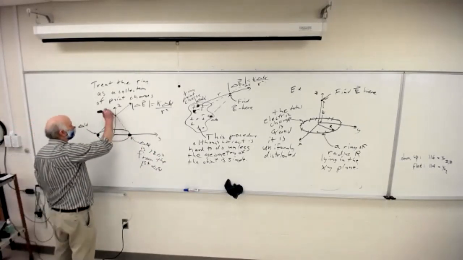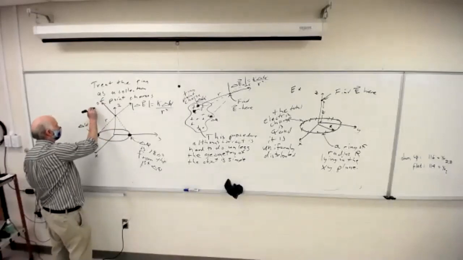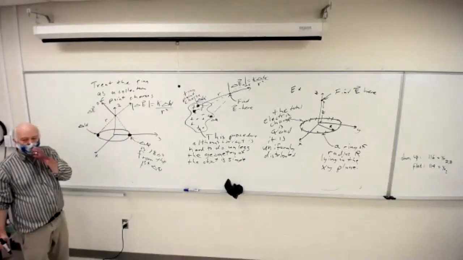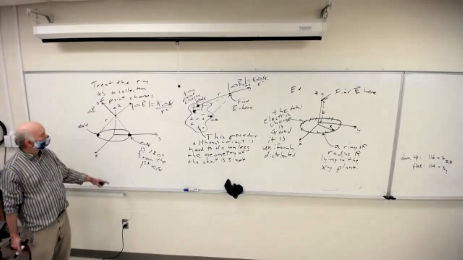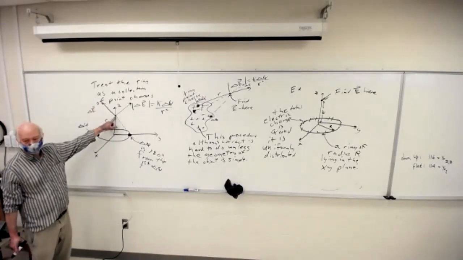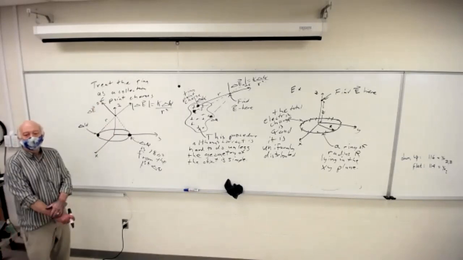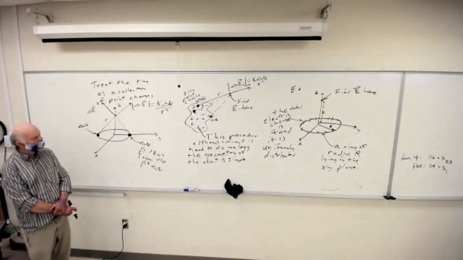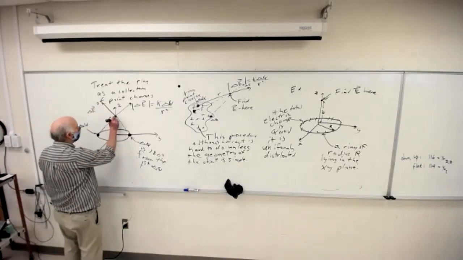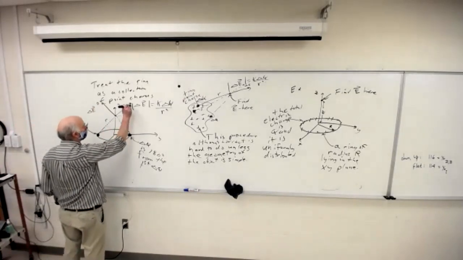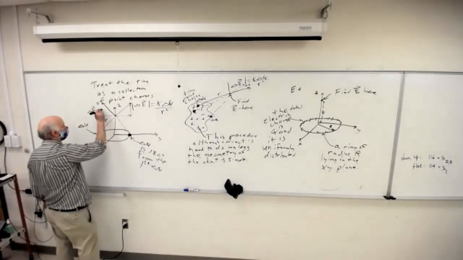It goes like this. This is this delta E. What's going to happen at this spot? They're vectors. What are the vectors going to do? Add. So you're going to have this component, and this component, and this component, and this component.